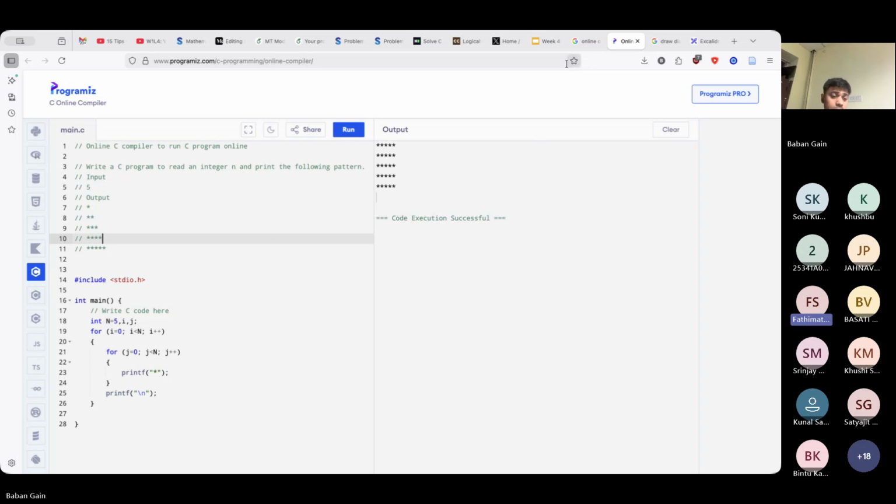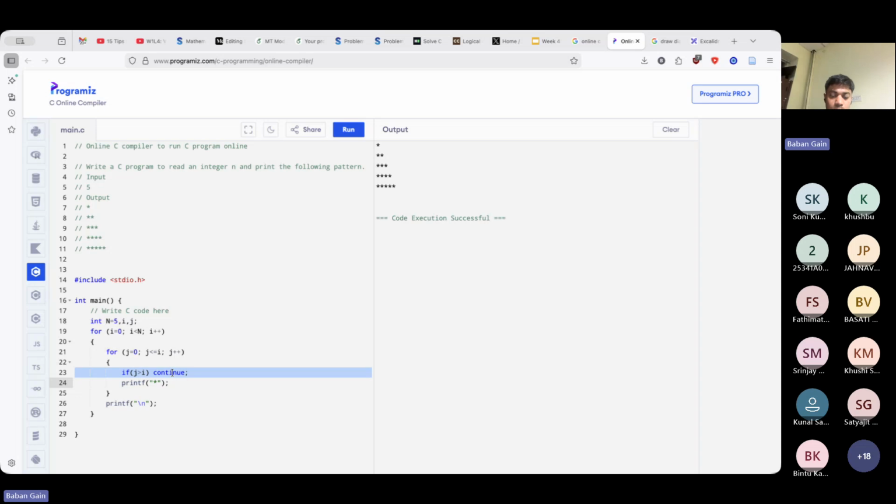If j is greater than i, then continue. Okay, so you are saying that here if j is greater than i, then continue. Right, so this is correct. Another way is to just write j less than or equal to i.